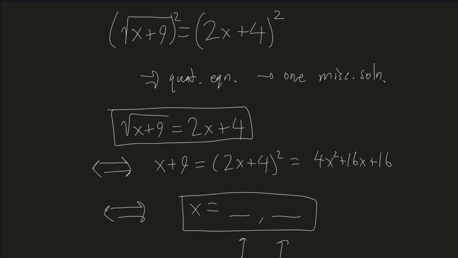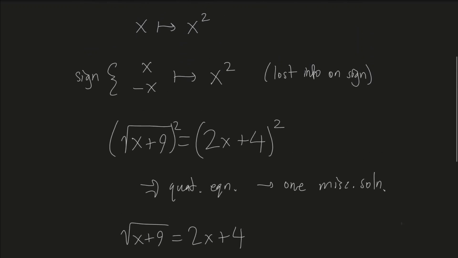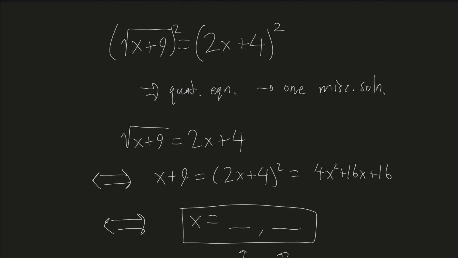The problem is that, as we saw, when you square a number, you can't necessarily go back because you don't know which number you came from. So this step here, you can't actually go back.